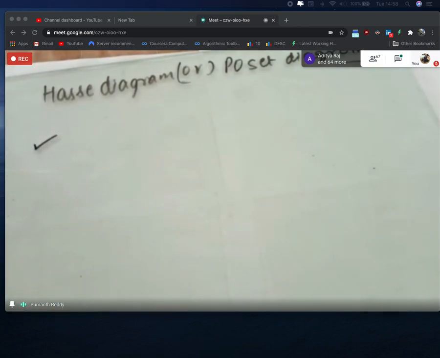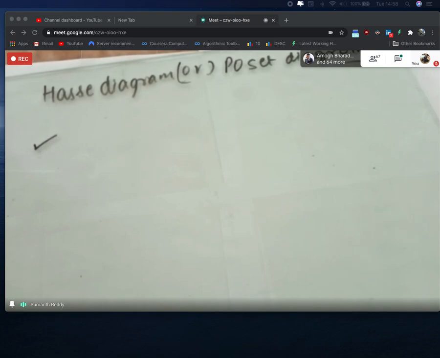Actually, we already know that this Hasse diagram or Poset diagram is a simplified relation representation. But to use it, that particular relation has to be a partial order, right? If it is a partial order, we already know that it is reflexive, antisymmetric, and transitive.